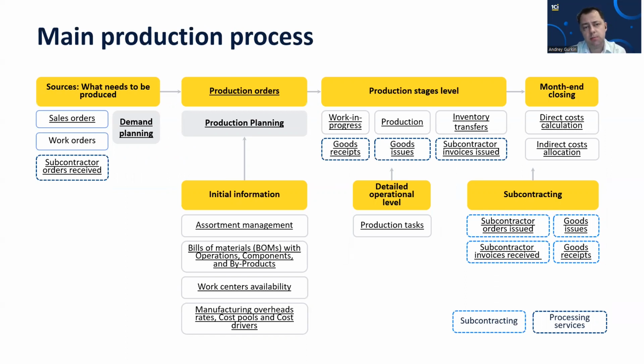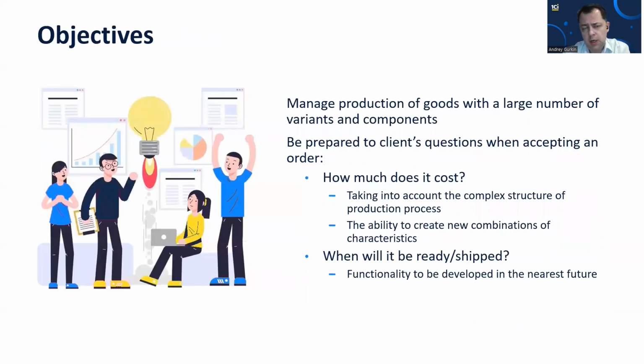We can use demand planning, then it goes to production planning, and then to the production stage level. I mean, the actual data and the actual documents that we are going to use today. I mean, work in progress and production, and of course, month-end closing and other different features.